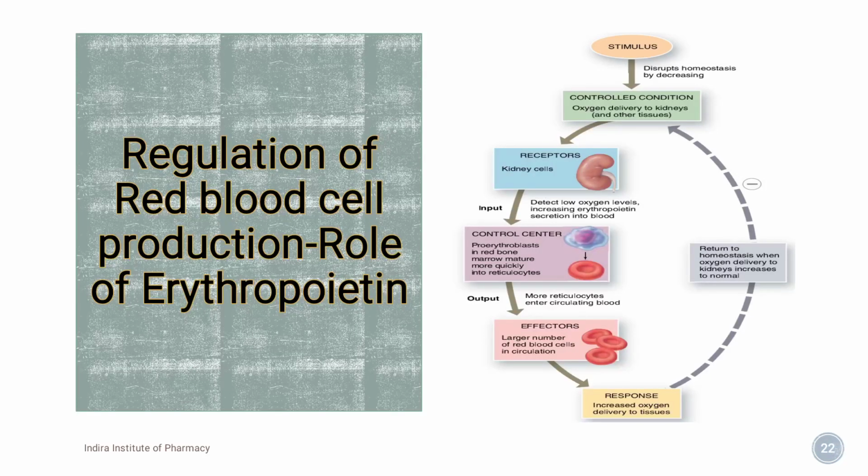Next is regulation of red blood cells, that is, the role of erythropoietin. We'll now see the hormone erythropoietin, which is produced by the kidney, and what its role is. We have seen the function of blood: transport of oxygen, nutrients, other substances and exchange of gases.